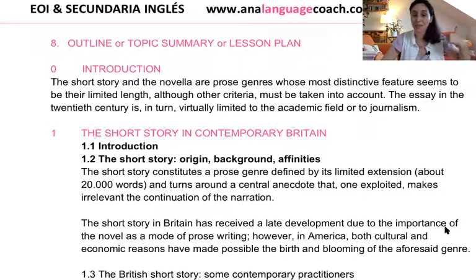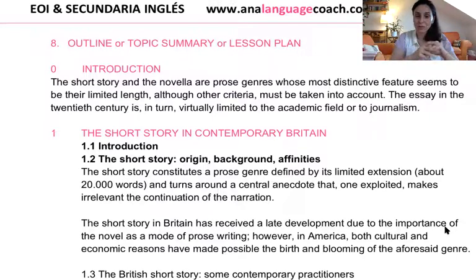I repeat, about 20,000 words, and it turns around a central anecdote that, once exploited, makes irrelevant the continuation of the narration.